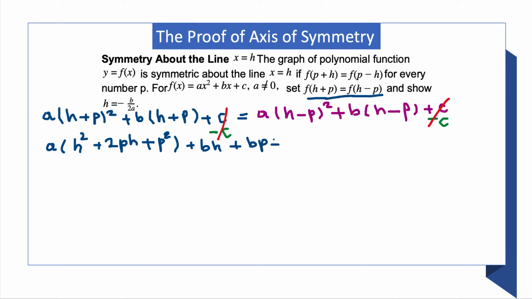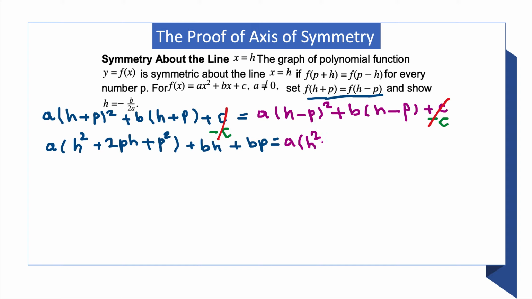And on the other side, I'm going to do the same steps. And a is in front here. And I'm going to expand this formula. h minus p times h minus p is going to give me this result here.